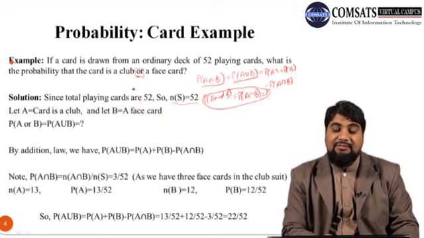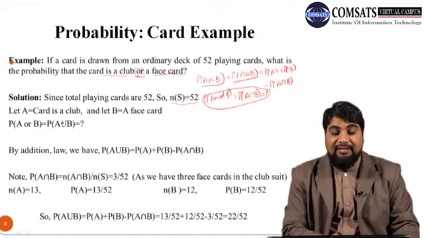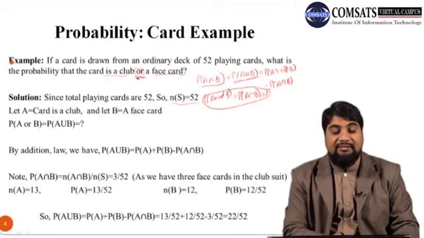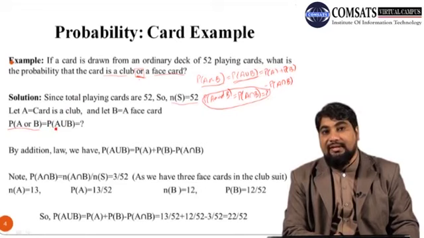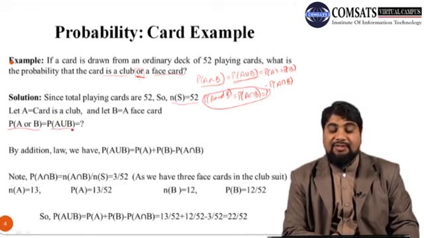We want to find that the card is a club or a face card, so we are interested in calculating A or B, which is A union B, because or means union.